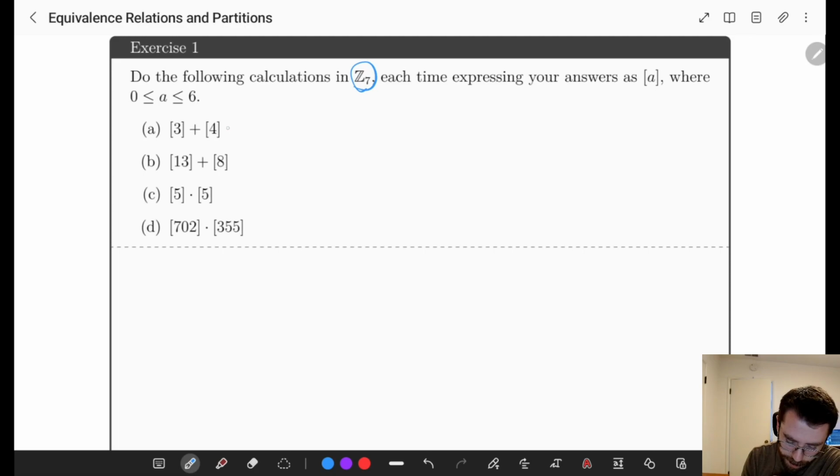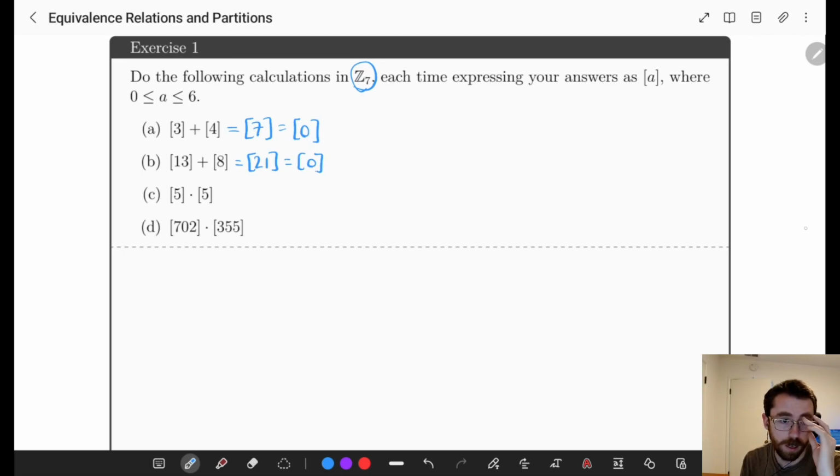Doing these calculations, you just add like normal, but then you take your result mod 7, so 7 mod 7 is 0. Similarly, 13 plus 8 is 21, but 21 is a multiple of 7, so 21 mod 7 is 0. So these are the same equivalence class in Z7.